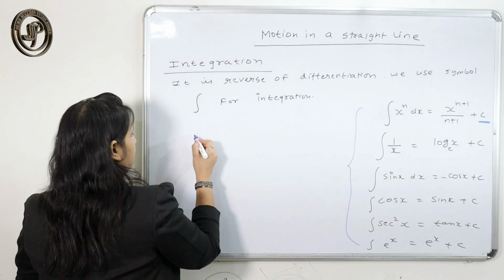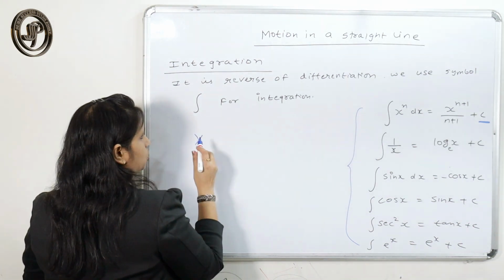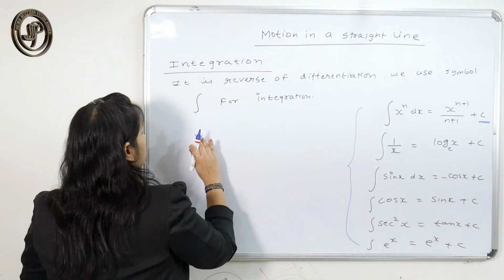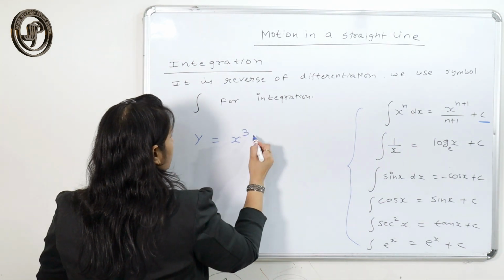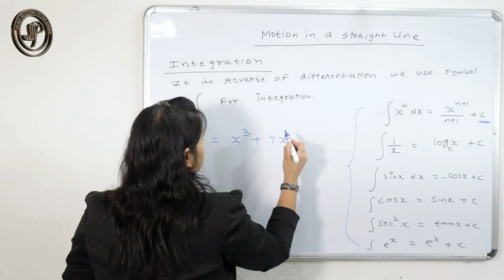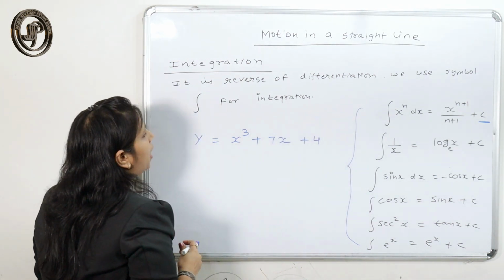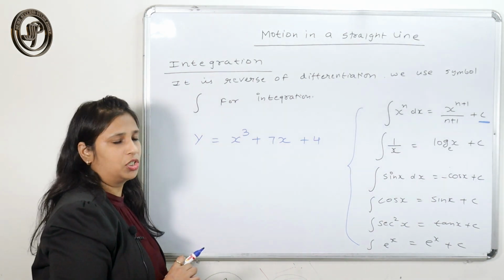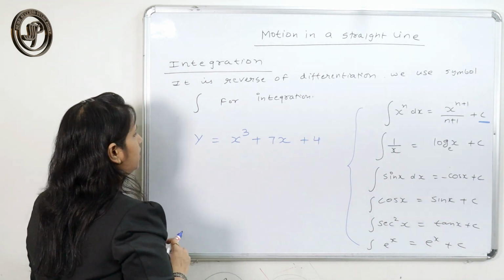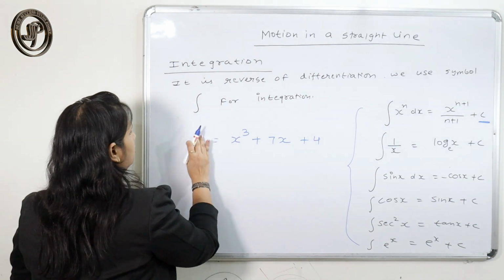Let me take an example. Suppose we have the function x raised to power 3 plus 7x plus 4, and we need to integrate this function. How can we do it?